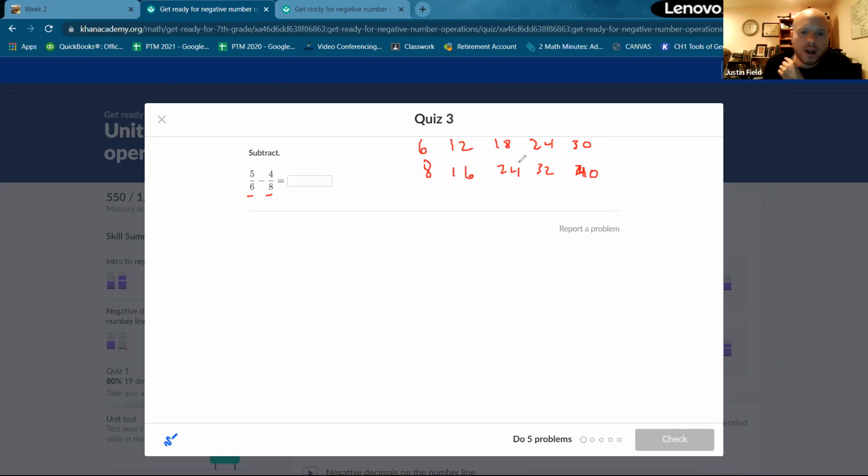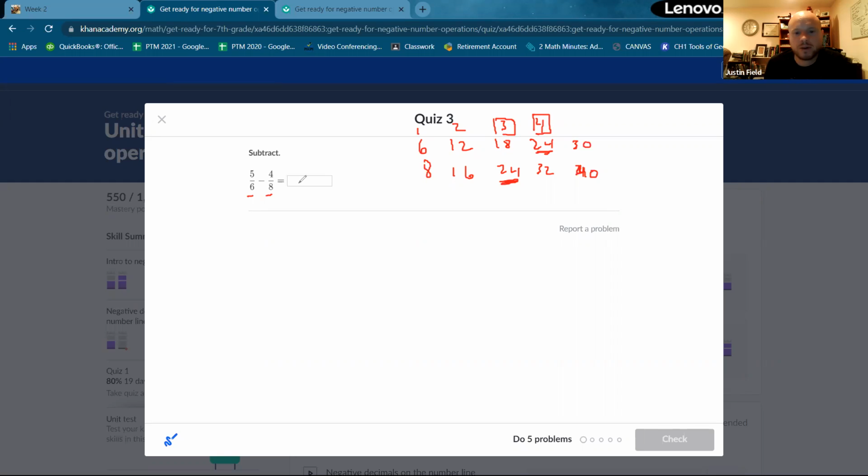There we go. Okay, so the common multiple right here is 24. And so that happens for 6 times 4 is 24, and 8 times 3 is 24.